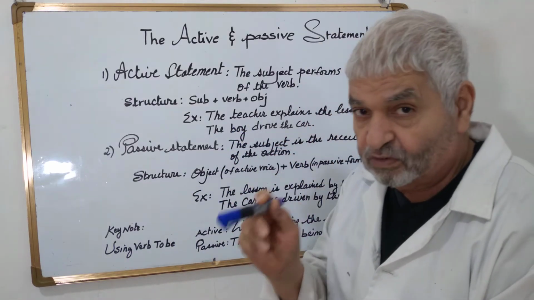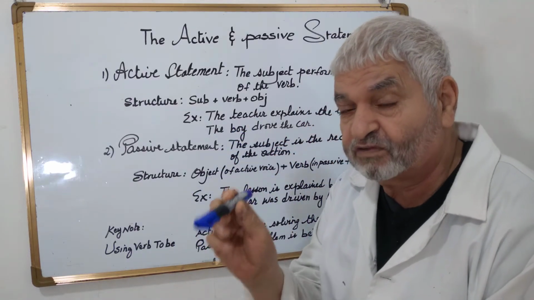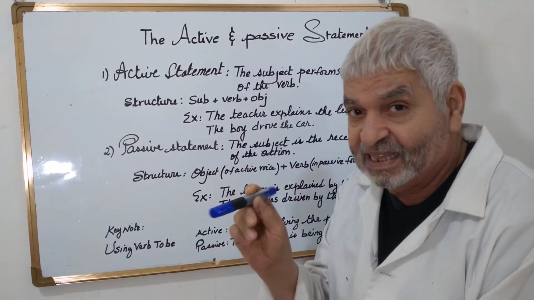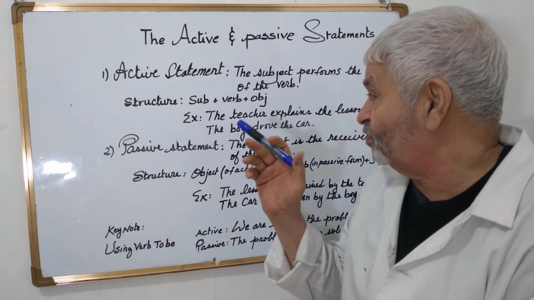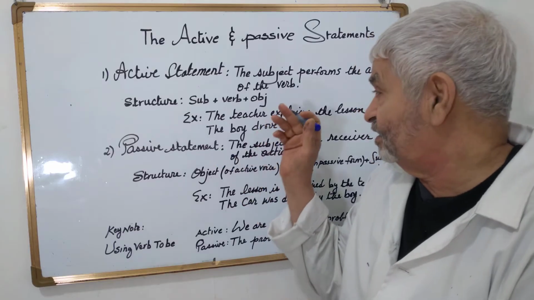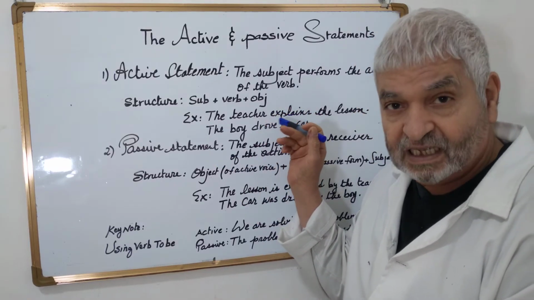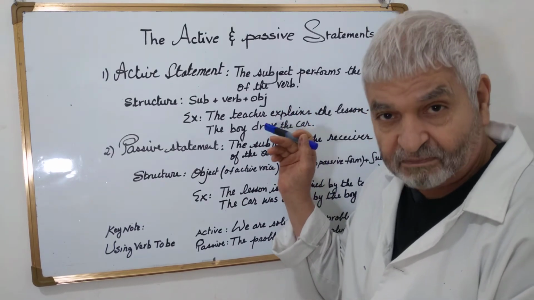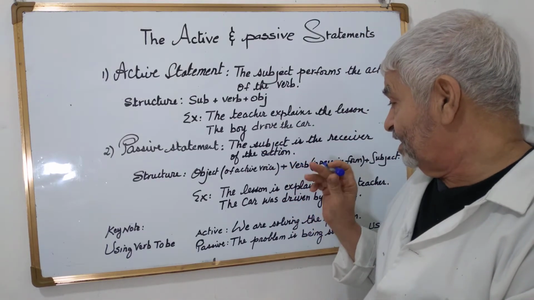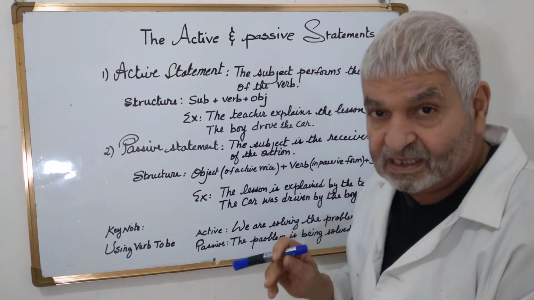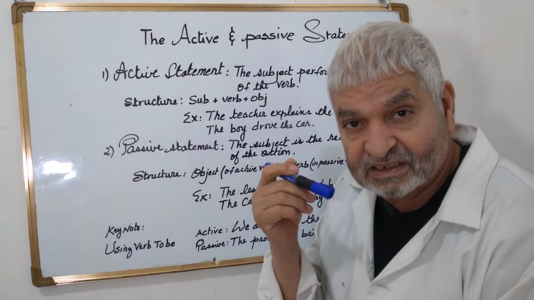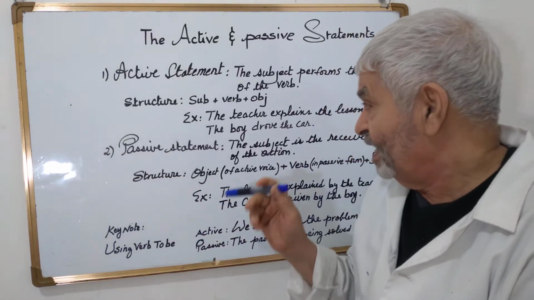Well, of course, in the passive we have to use the verb to be, and the tense of it has to follow the tense of the statement in the active. Here is the simple present, and here the verb to be is also in the simple present.